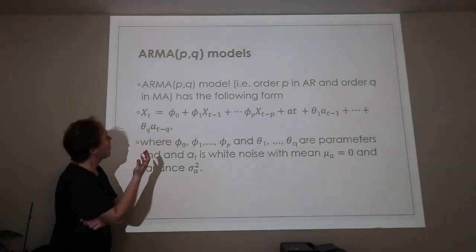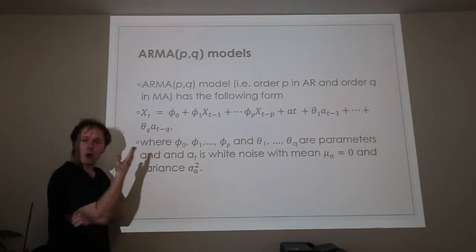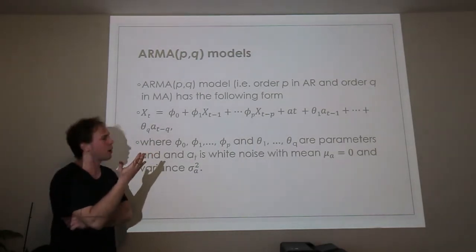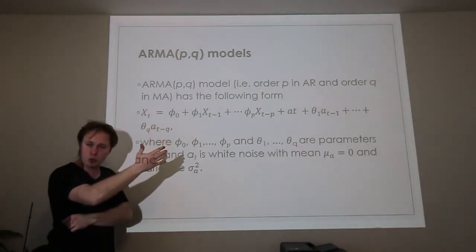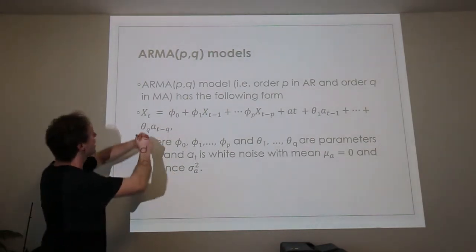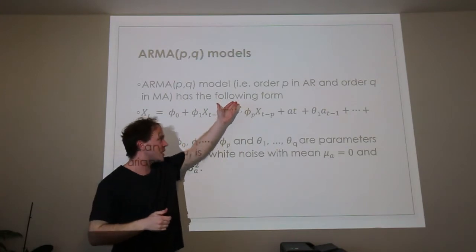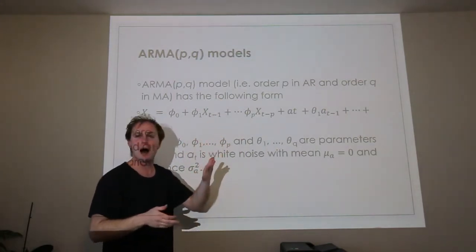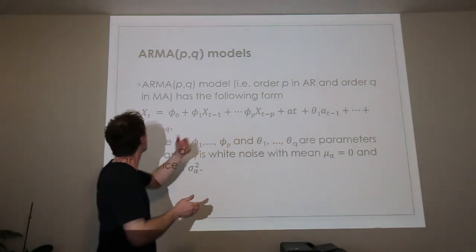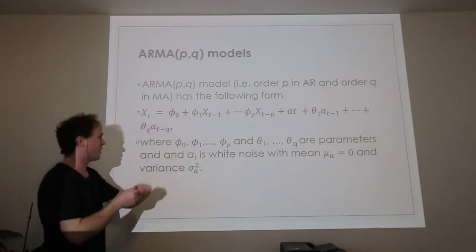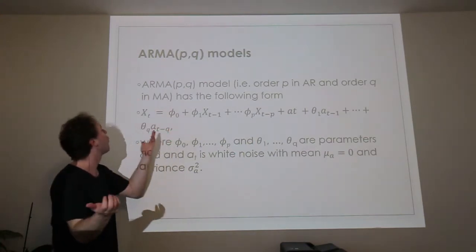Okay, so about ARMA models with order P and Q in general. ARMA models, it means order P in the autoregressive part and order Q in the moving average part, have the following form.